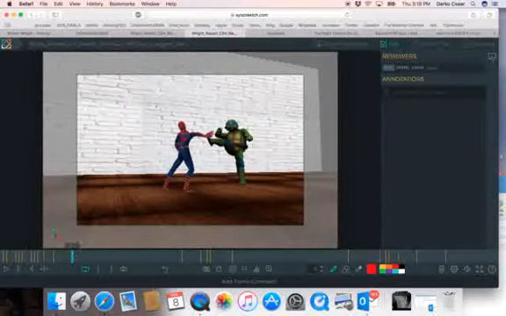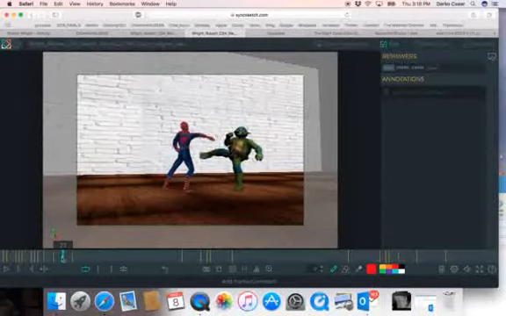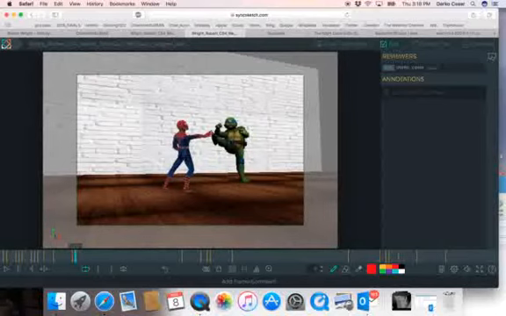Pay attention how the hips are not moving at all. They should. As he hits him, he should go this way. This should be happening now, over here. Right, so the hips should move in this direction.